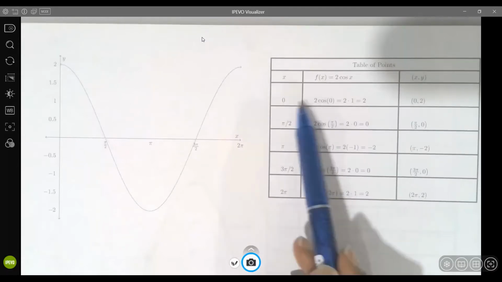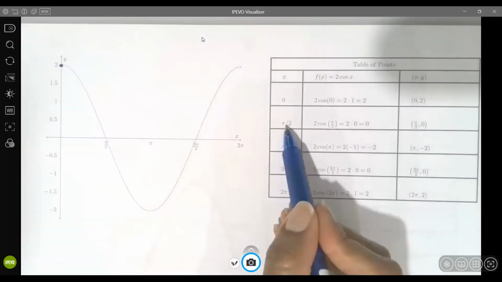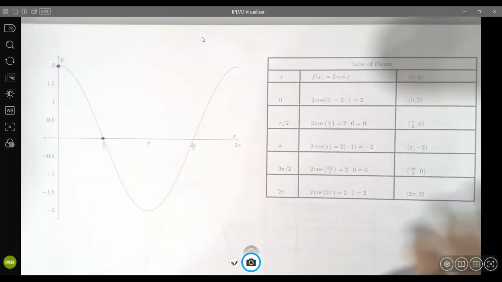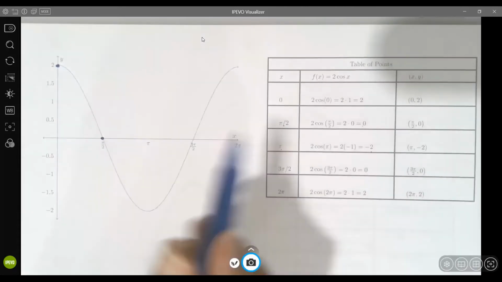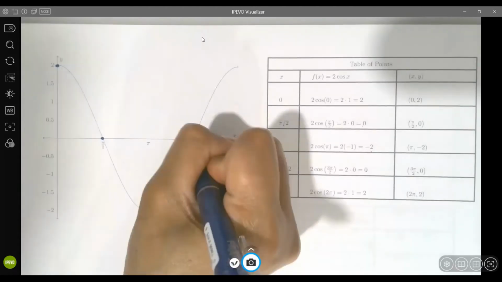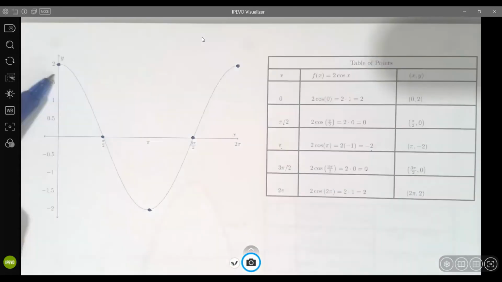And so we get the points 0, 2, which is up here, and then pi over 2, 0, which is here, then pi, -2, which is down here, 3 pi over 2, 0, and 2 pi, 2. So we get this graph.